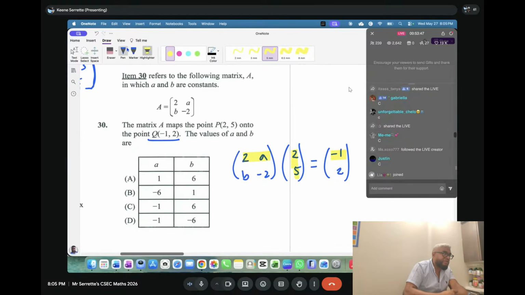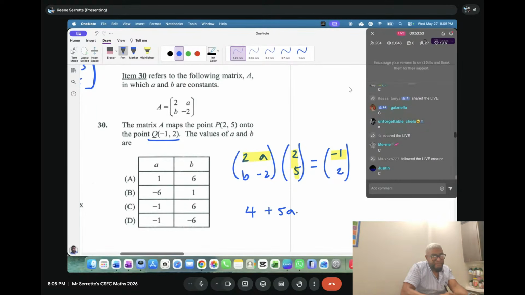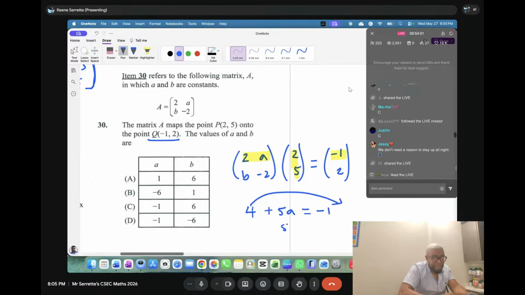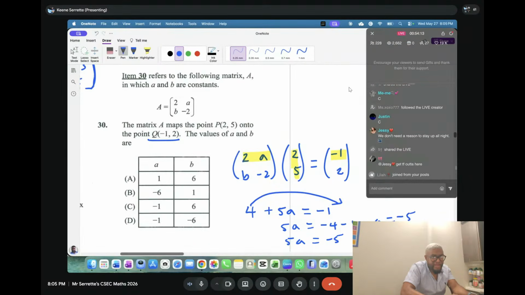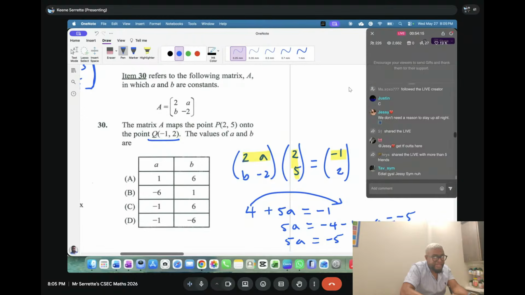What's the equation? 4 plus 5a equal to negative 1. Fling this 4 here, so that'll be negative 4 minus 1. So 5a is equal to negative 5. a is equal to negative 5 divided by 5. a is equal to negative 1.